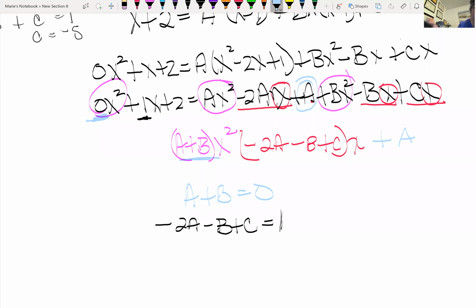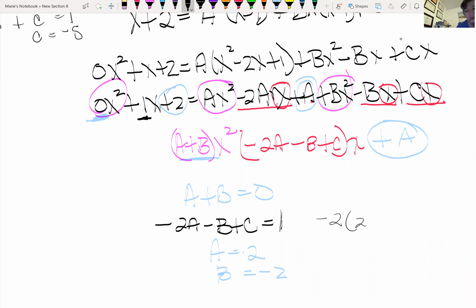But we have a gift given to us right here, and we know that a is equal to 2, which means that b has to be negative 2. That's everything you need, really, because now you just substitute it back in.